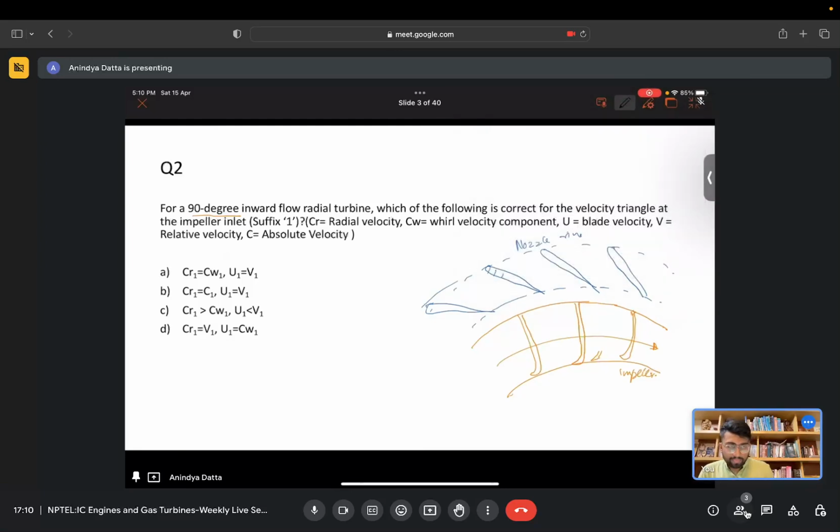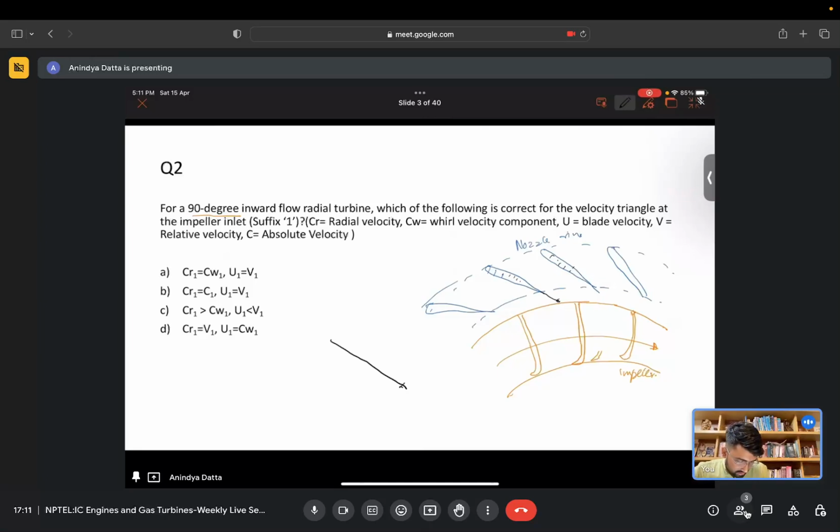If we draw how our velocity triangle will look, you see this is at the nozzle ring. The blades are static, so C1, the absolute velocity, will be in this direction somehow.